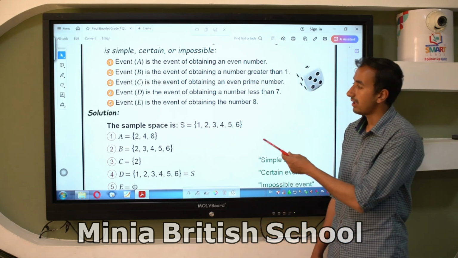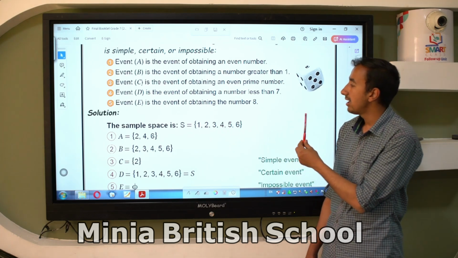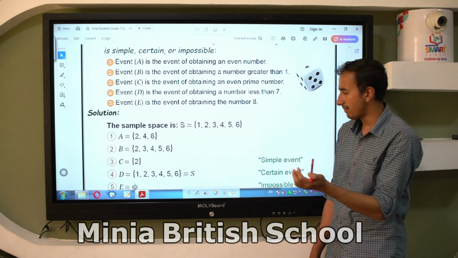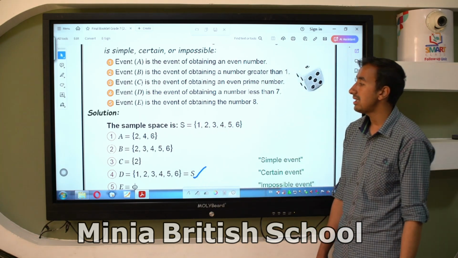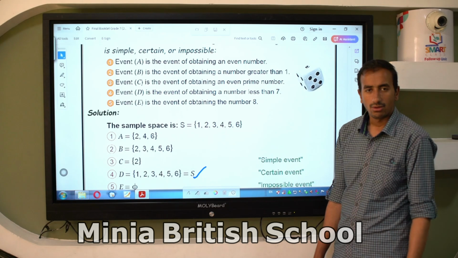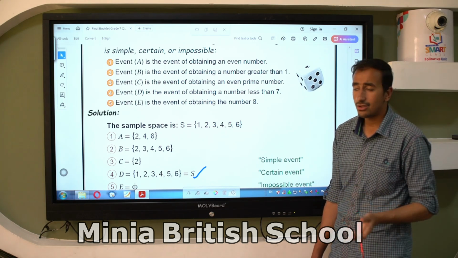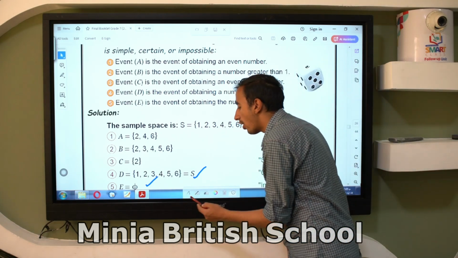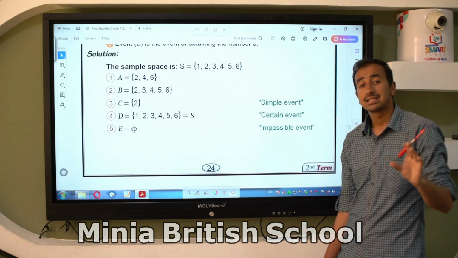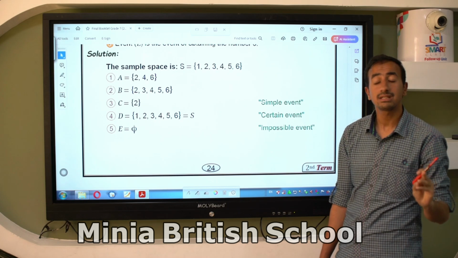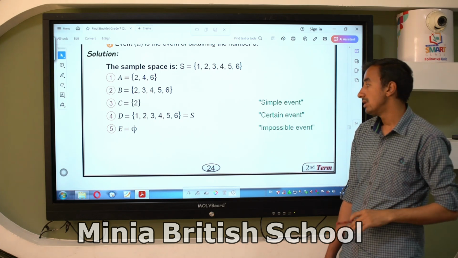Event D is obtaining a number less than 7, all of them, which is the sample space. Event E is obtaining the number 8. Do I have the number 8 in the sample space? No, so it's the empty set. Don't write 8, because the set must be a subset of the sample space, which is from 1 to 6.